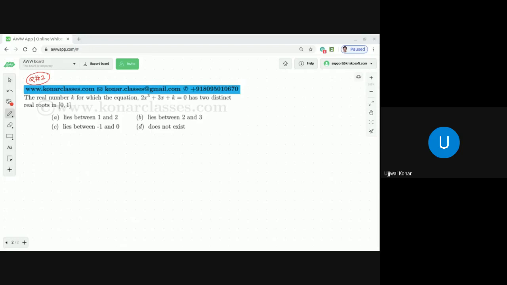How are we approaching this question? Actually, I would like to tell you one concept: you can use the concept of differential calculus to solve this particular problem. Okay.